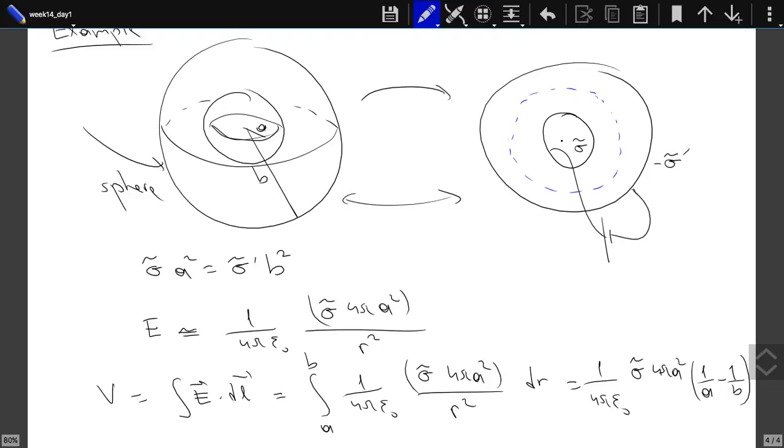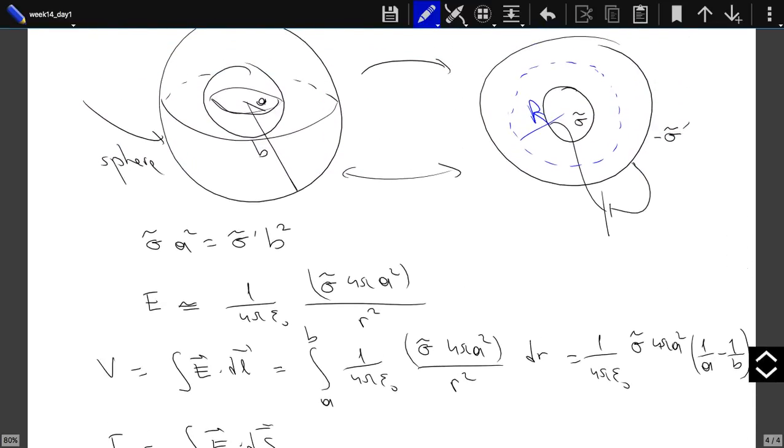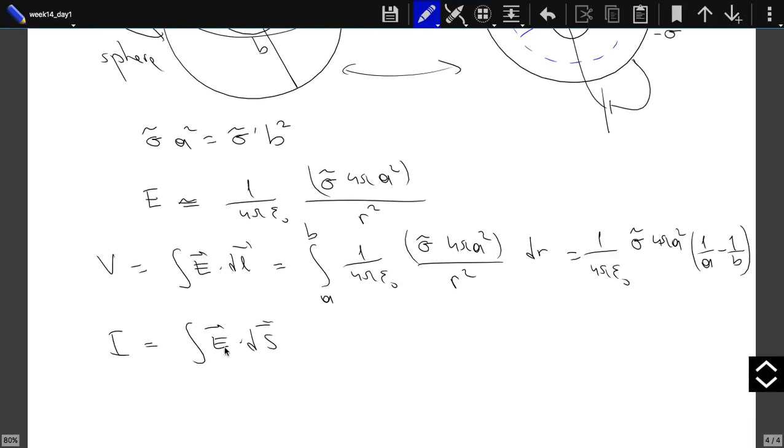So let's say this surface has radius, let's just say R, capital R. So the current running through that surface is J dot ds, which is sigma times E dot ds.